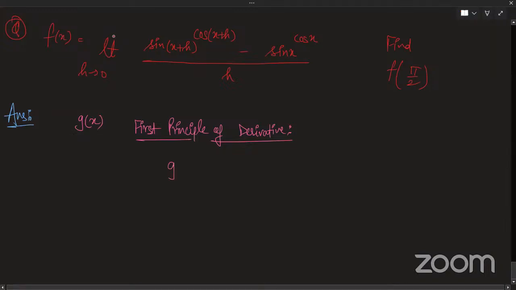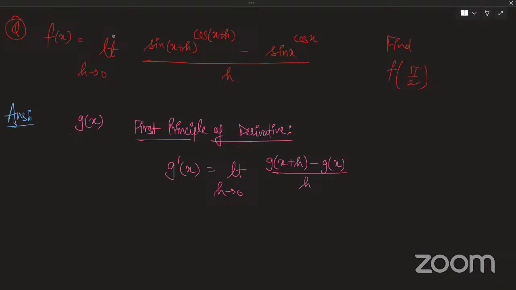What is the first principle of derivative? First principle of derivative tells you that g dash x is equal to limit h tends to 0, g of x plus h minus g of x whole divided by h. Everyone remember this? Yes, sir. Okay, great.